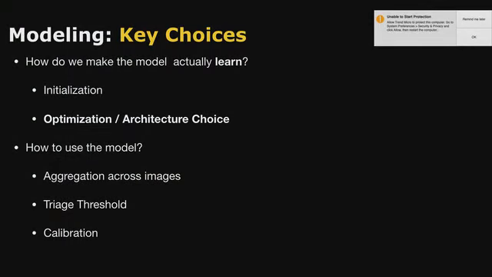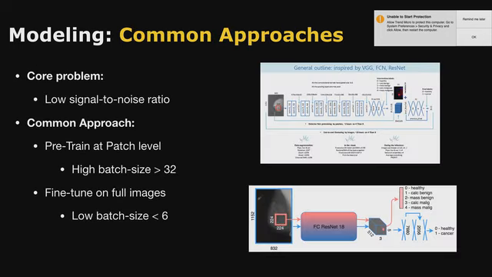Next, another important decision that, if you don't get right, breaks things is your optimization architecture choice. As I said before, a core problem in stability here is that our signal-to-noise ratio is really low. And so a very common approach throughout a lot of the prior work, and something I have actually tried myself before, is to say, OK, let's just break down this problem. We can train at a patch level first.